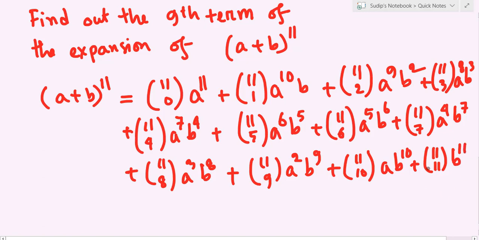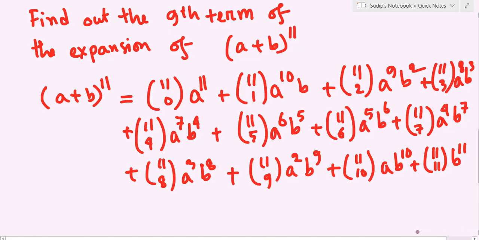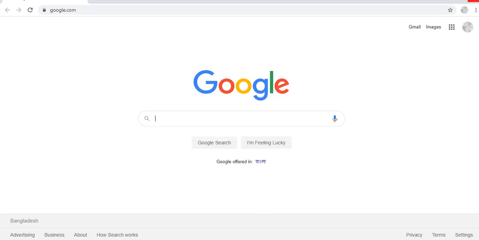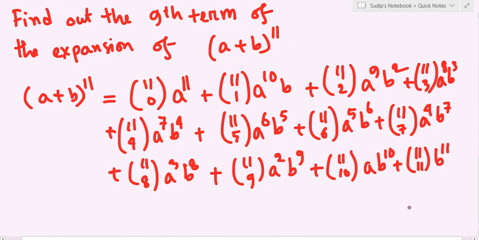So this is the form we can write for the binomial expansion of a plus b whole to the power 11. So which one is the ninth term? Ninth term is 1, 2, 3, 4, 5, 6, 7, 8, 9.